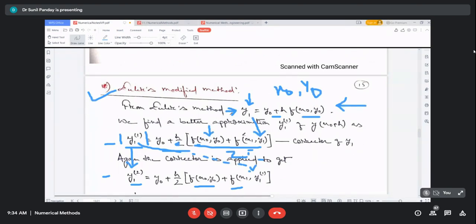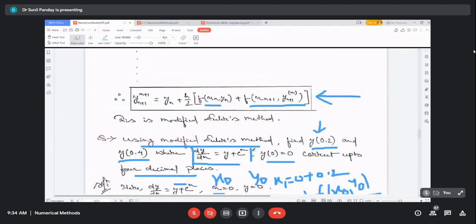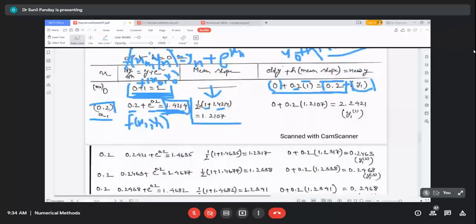One is f of x naught y naught, one is f of x1 y1 with the updated value of y1. So we have this 1 by 2 f of x naught y naught, this is from here and this is from here, and then we take their average and we will get this one.